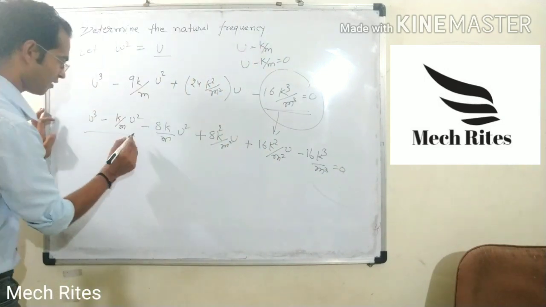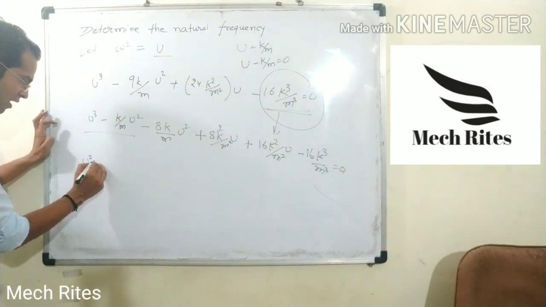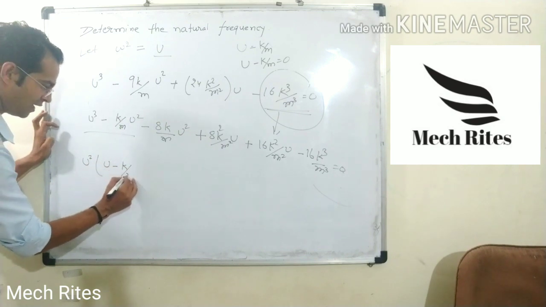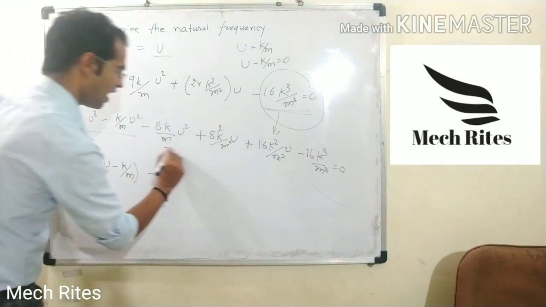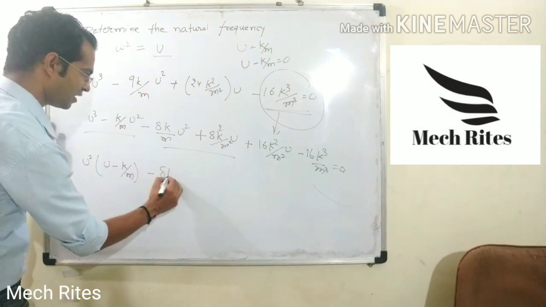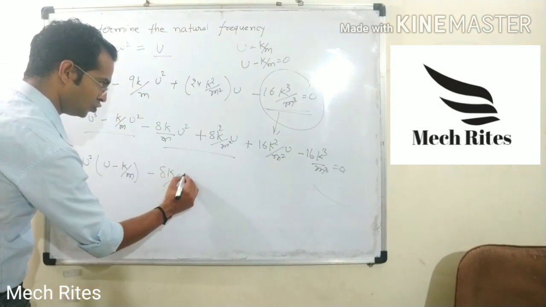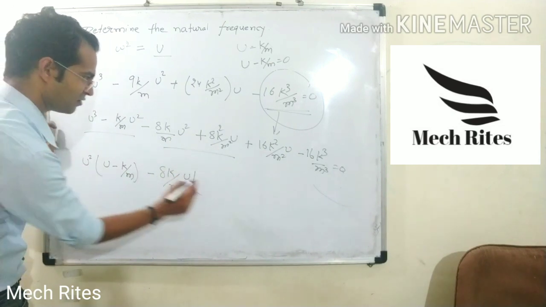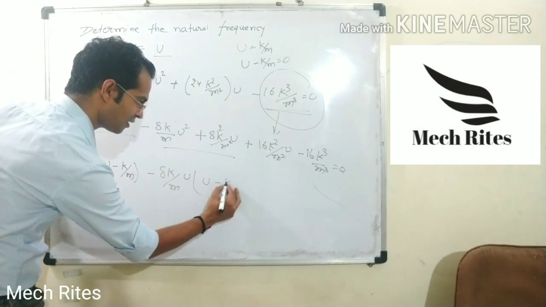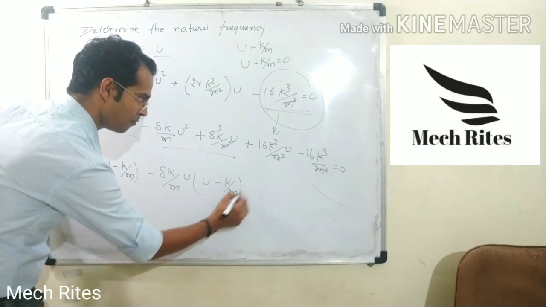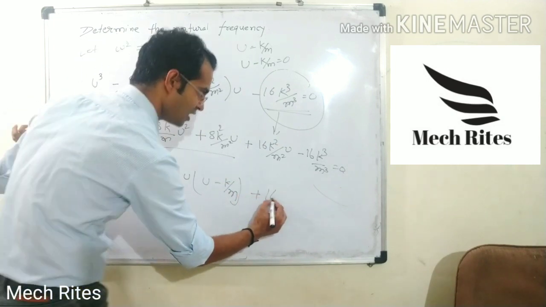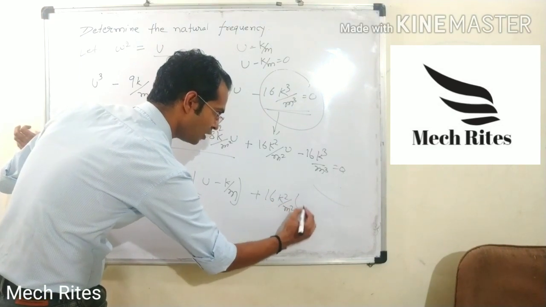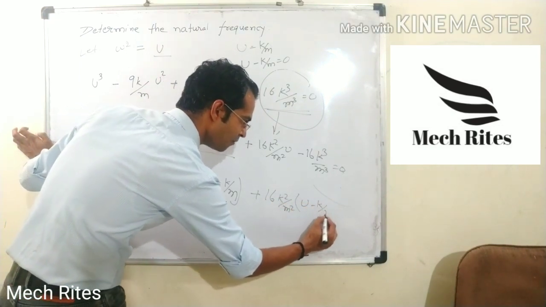Now take here u square common. It will be u minus k by m, minus, I am taking here common 8k by m u only. So here I am taking minus. So it will be u minus k by m plus 16 k square by m square, so it will be u minus k by m.